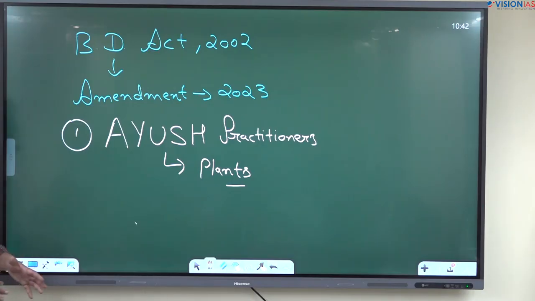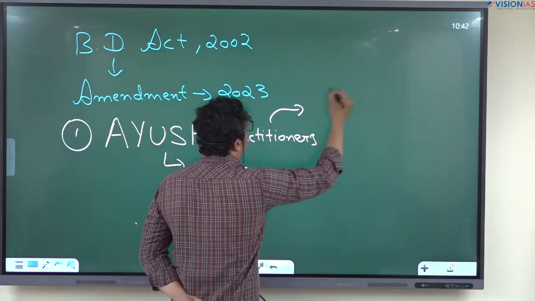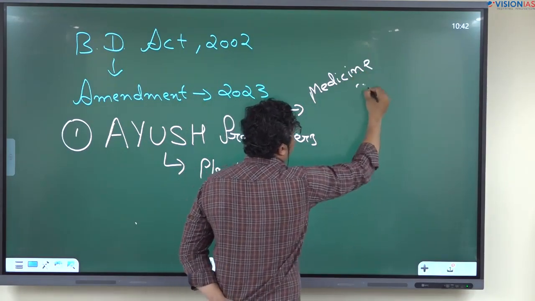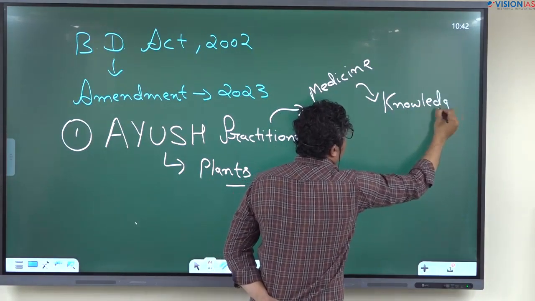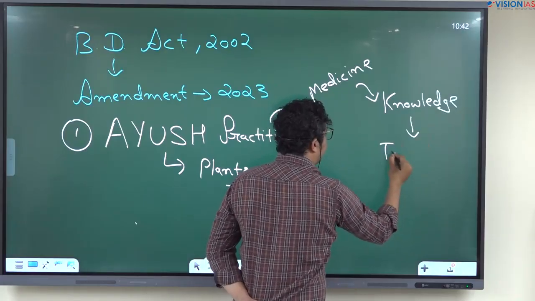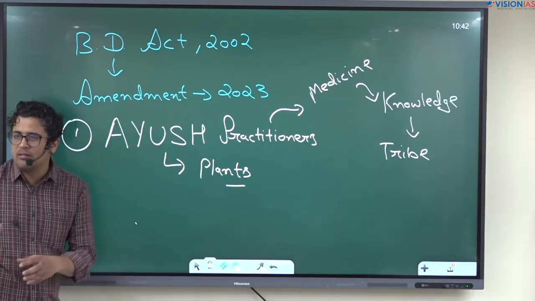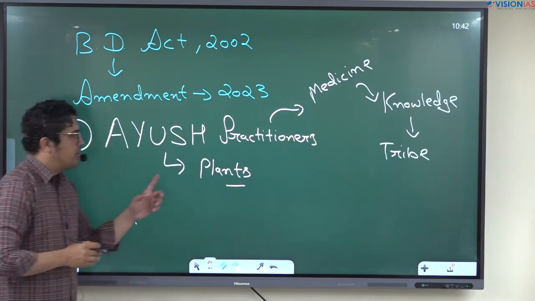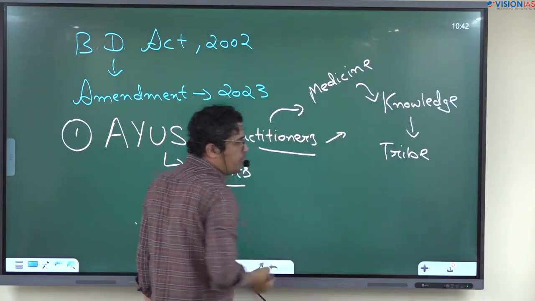So if there is an Ayush practitioner and he wants to make medicine by using the knowledge of a tribe, he is using a formula, he is using the knowledge of the tribe, making a medicine, making a prescription. So ideally, this person is using knowledge of the tribe.